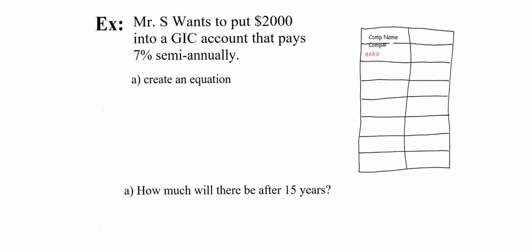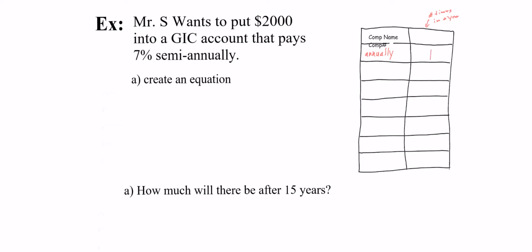We have annual, and when you hear something that is compounded annually, all we're relating to is the number of times in a year that something happens.